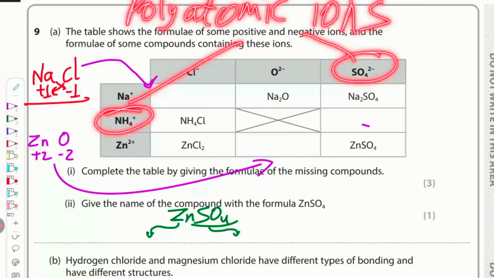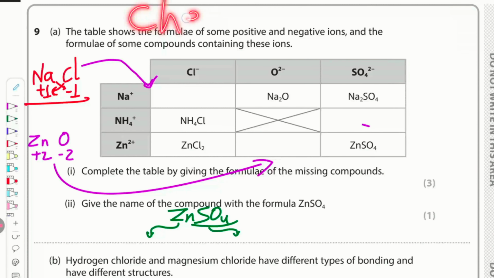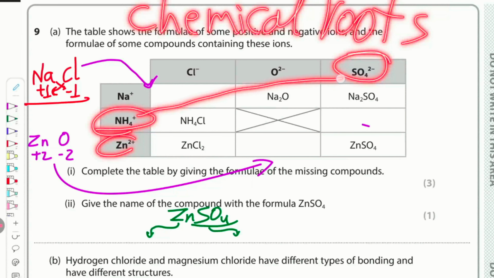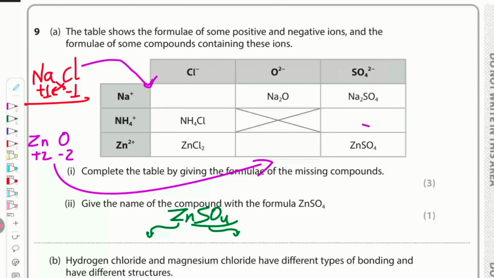Whether they are positive or negative, they have another name, which is chemical roots. We call them chemical roots because they stay together, like this one and that one only, not this one.